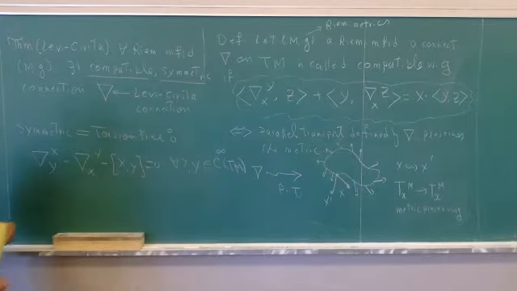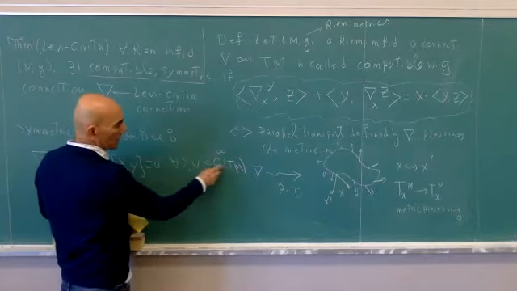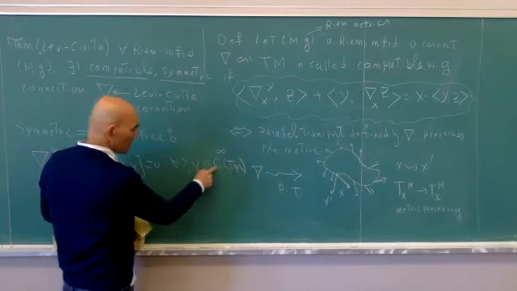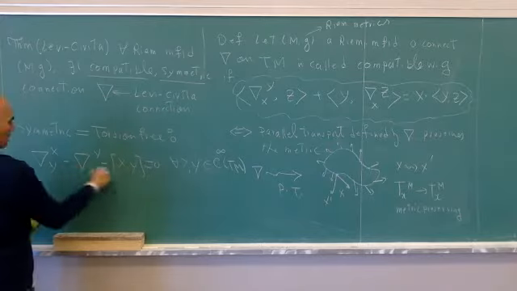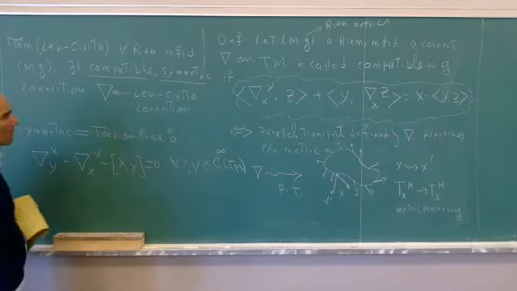These are smooth sections of the tangent bundle, which is a smooth vector field, right? So this is the definition of being symmetric.